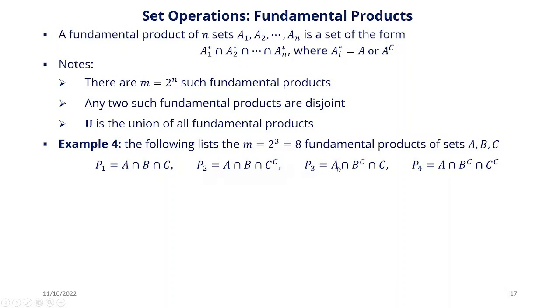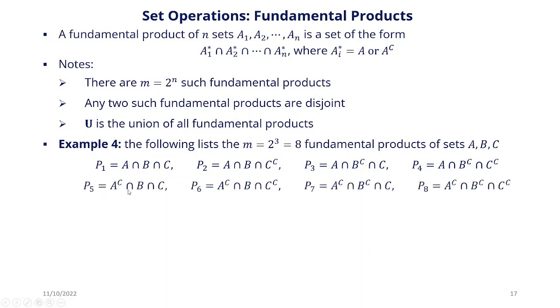P3 equal to A intersection B complement intersection C. P4, A B complement C complement. P5, P6, P7, P8. So it does depend on the number of sets you are dealing with. So we have 3 sets, that's why it is 2 to the power of 3, and that gives us 8.